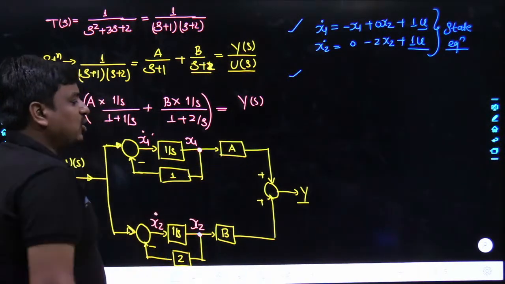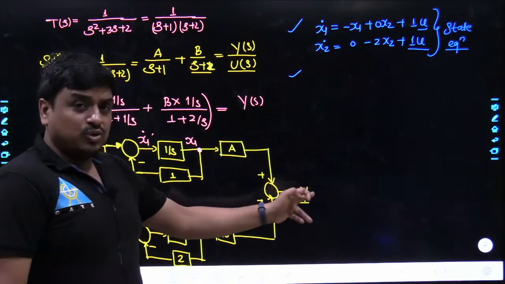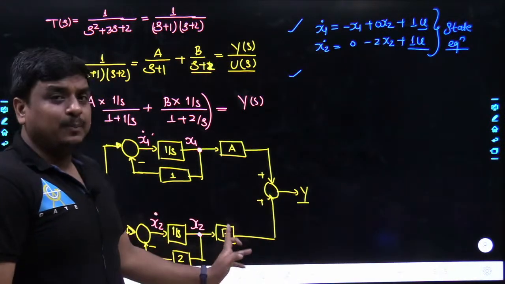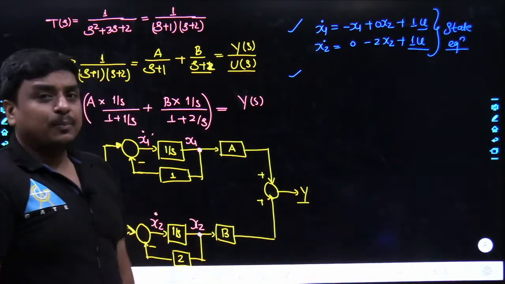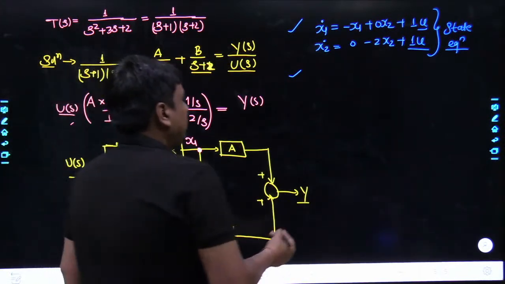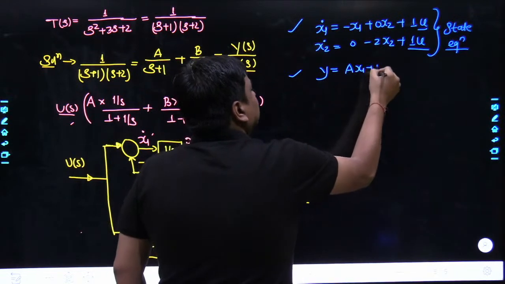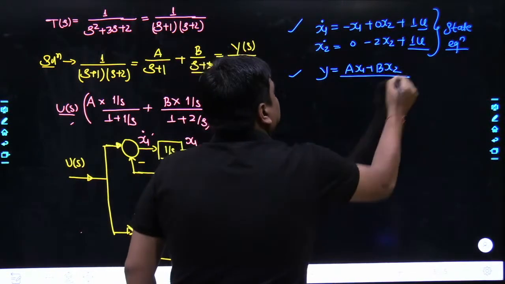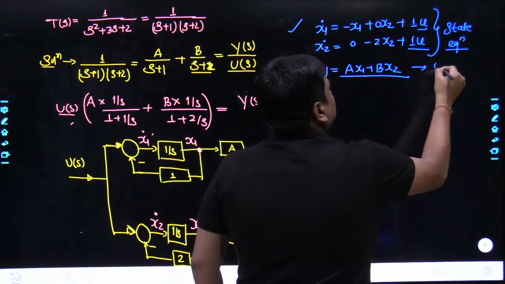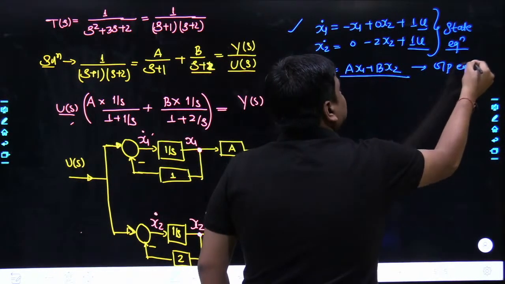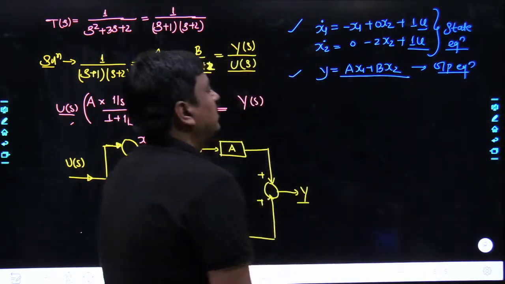The x1 gets a gain of A and is processed towards Y, and similarly the x2 gets a gain of B and is processed towards Y. Simply, Y can be written as A times x1 plus B times x2. And here goes your output equation, which is completely independent of the input.